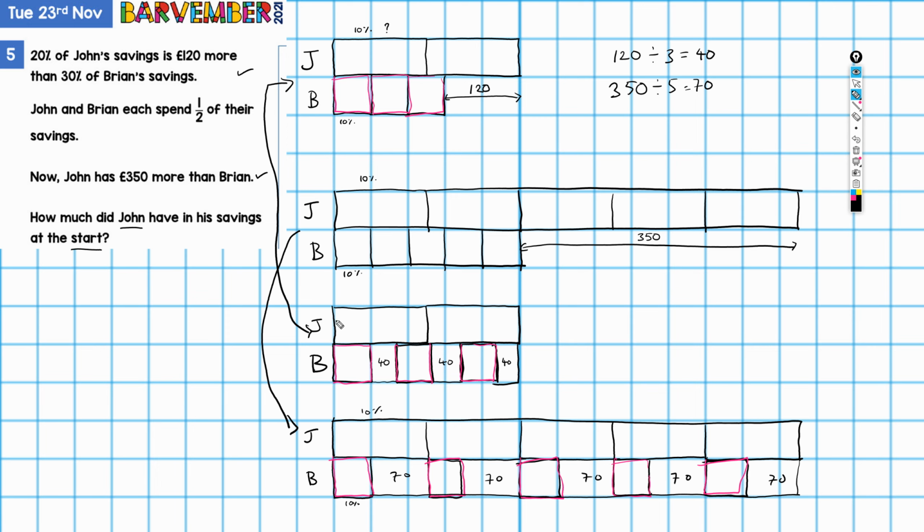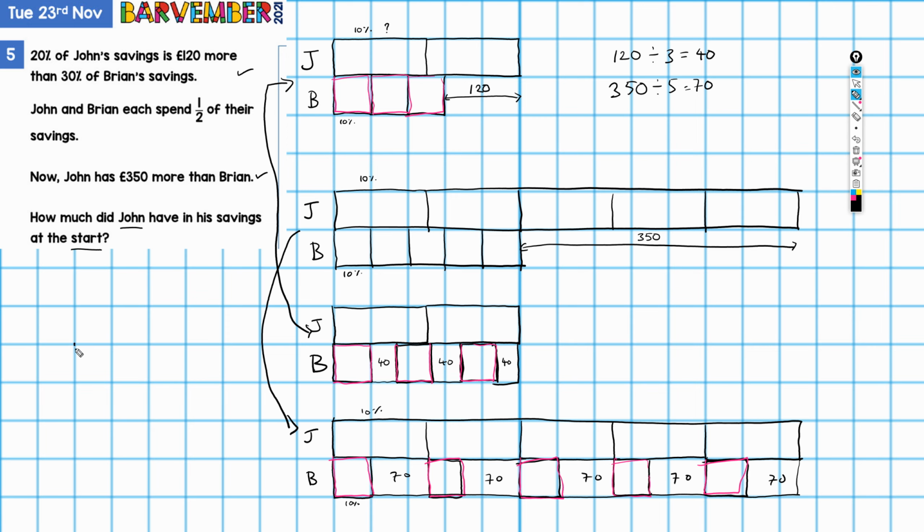Well, if 2 of John's units are equal to 3 of Brian's plus 3 portions of 40, then 1 must be equal to 1, and then we've got to split this one in half. So we're going to have half a unit of Brian's plus half of this 40. Okay, so let's redraw that over here.